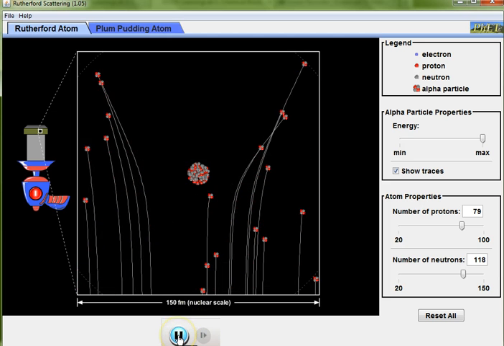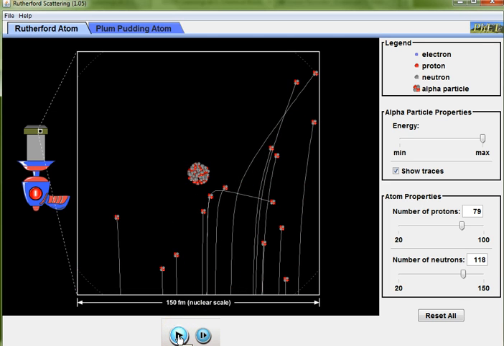Okay, let me pause it for a second. Isn't that cool? So alpha particles, we know, are made up of 2 protons and 2 neutrons. They do not have any electrons, correct?